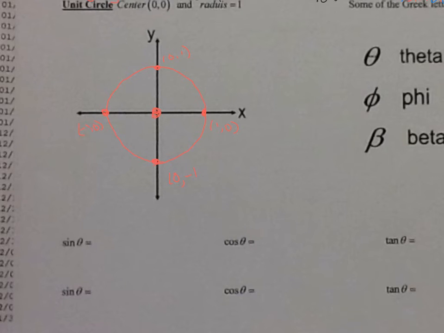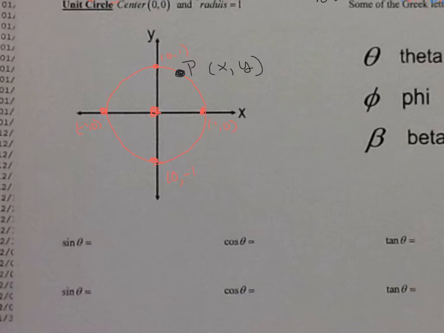All right, so now let's say I have this point here on the unit circle. So I'm going to call this point P. And what I know about this point is that it's some XY value.